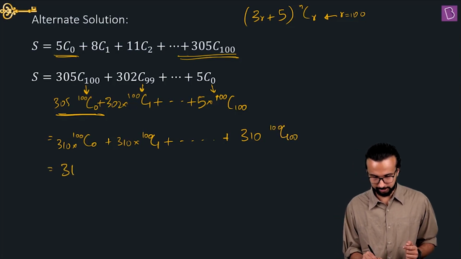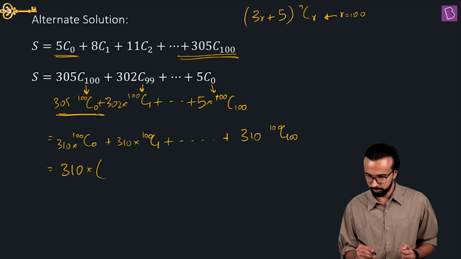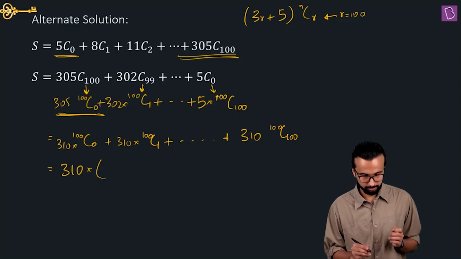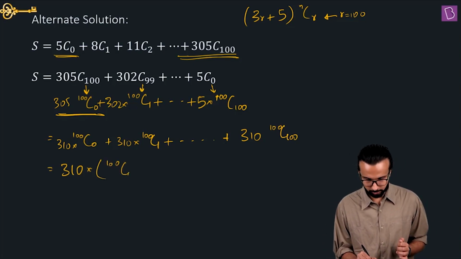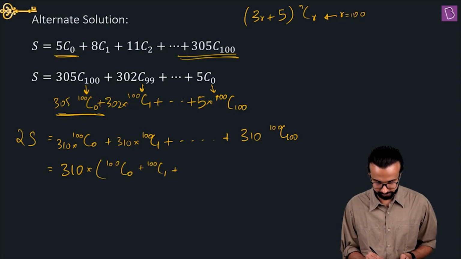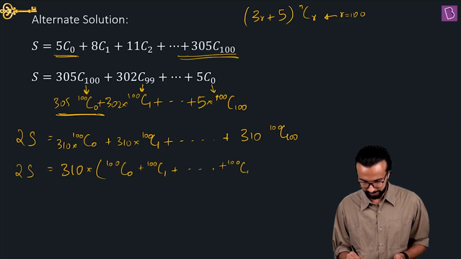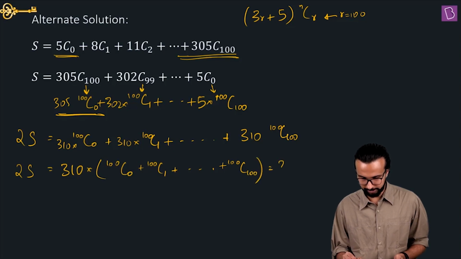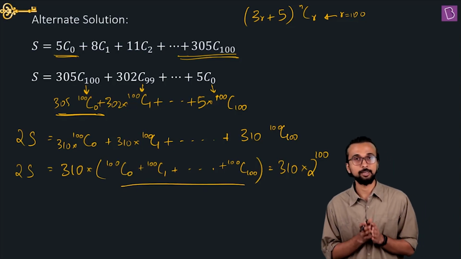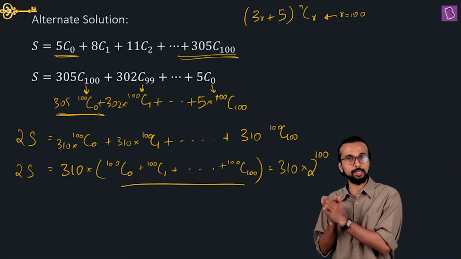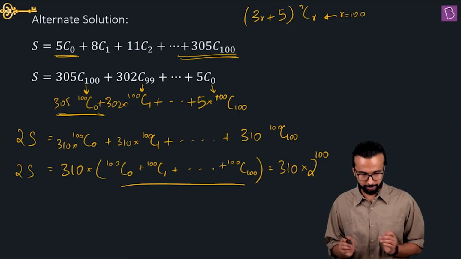So this is nothing but 310 into 100C0 plus 100C1, all the way up till 100C100. This will be 2S. And we know that this entire sum, 100C0 plus 100C1 up till 100C100, comes up to 2 power 100.